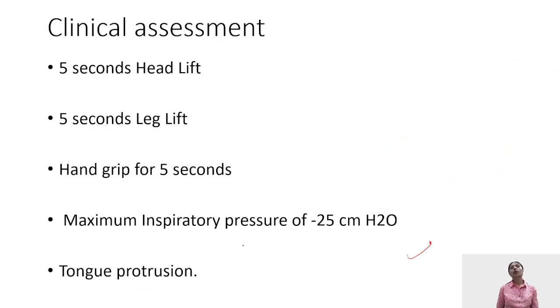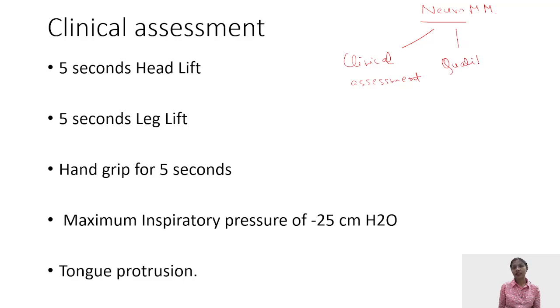So when we talk about neuromuscular monitoring, it can be divided into three parts. One, clinical assessment, which is highly unreliable. Second is qualitative assessment, which is done visually or through tactile perception using a peripheral nerve stimulator.